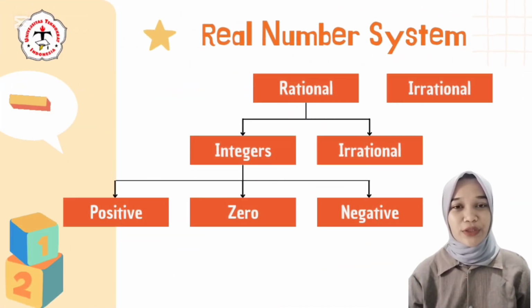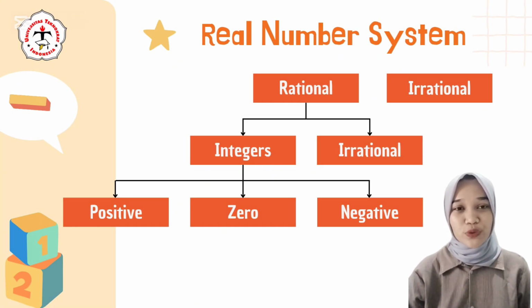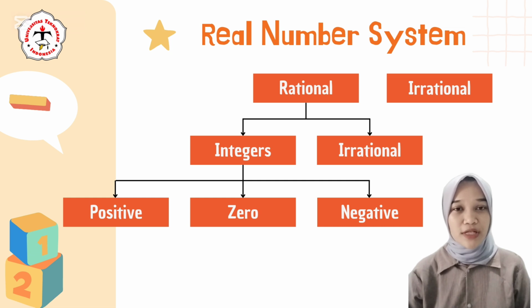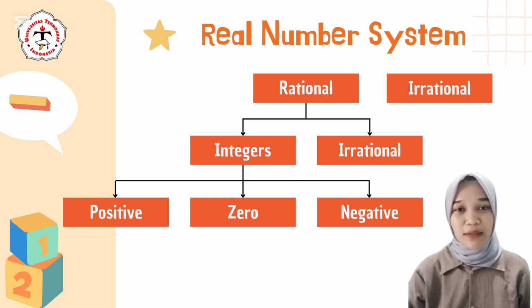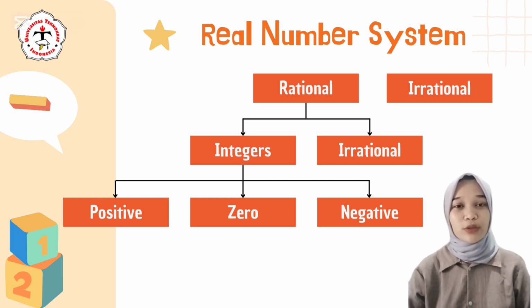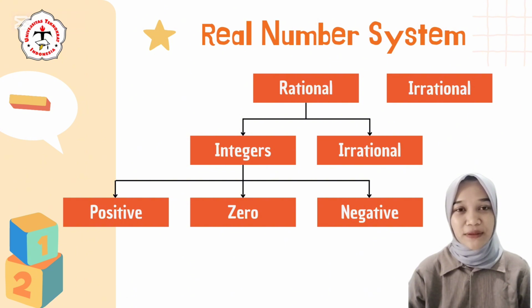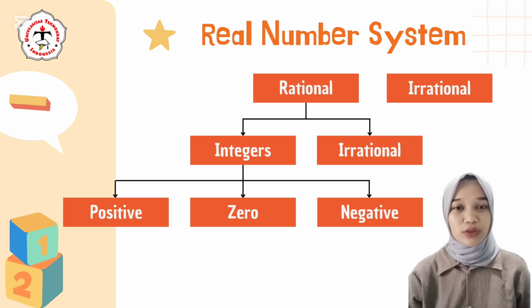Then there is the real number system. The real number system includes two types of numbers, namely rational numbers and irrational numbers. Rational numbers consist of integers and fractional numbers.